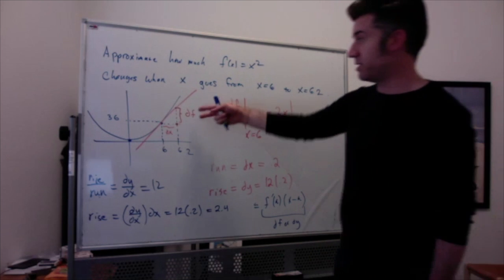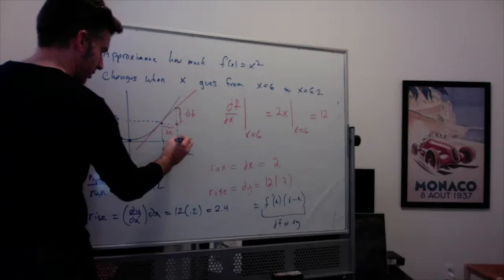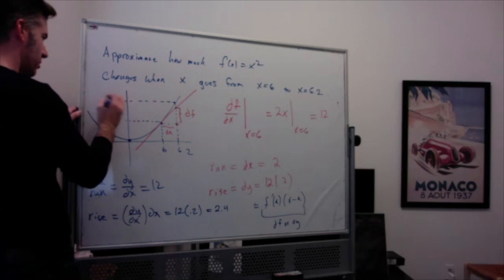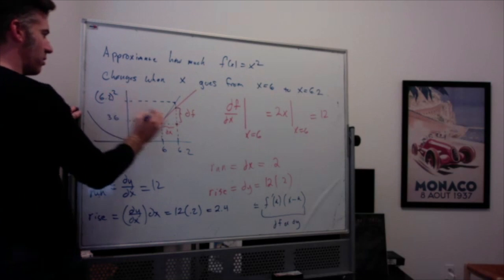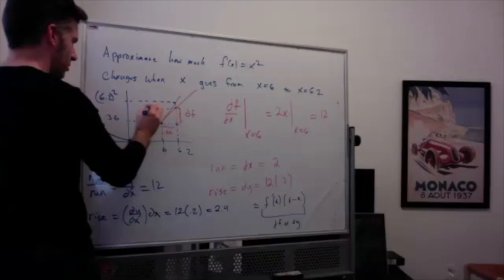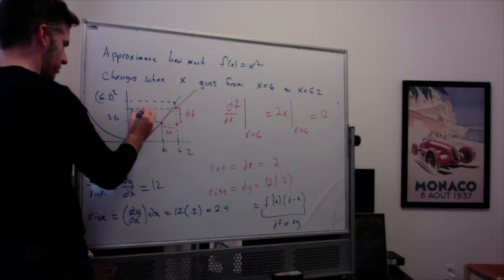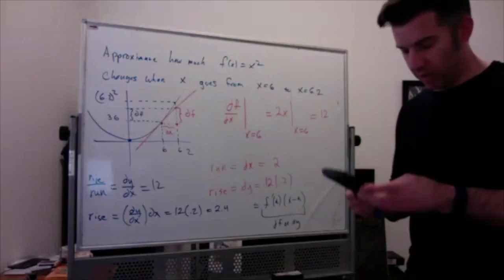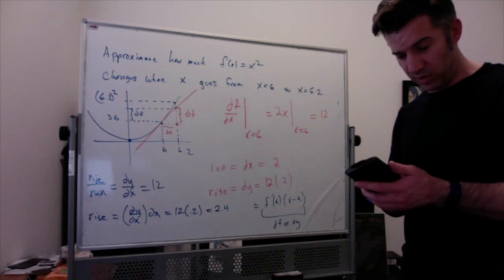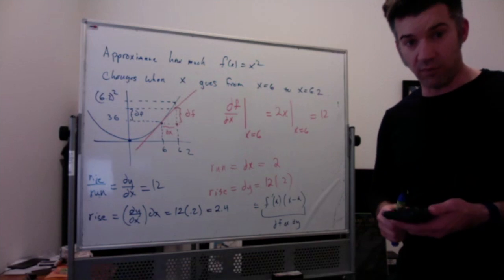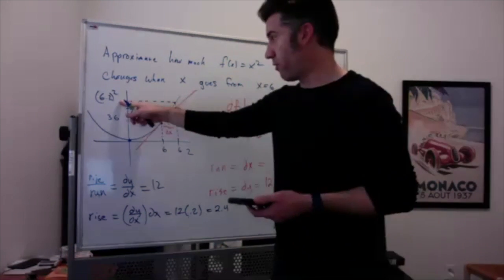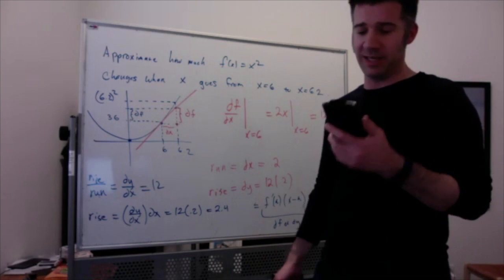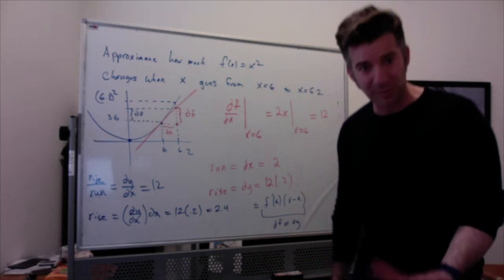To figure out what this difference actually is, we look a little higher. Right there is actually 6.2 squared. Whereas over here, that's actually just my differential. So I guess I could do 6.2 squared if I really wanted to, but let's just calculate it. 6.2 squared is 38.44. 38.44 minus 36 is 2.44.